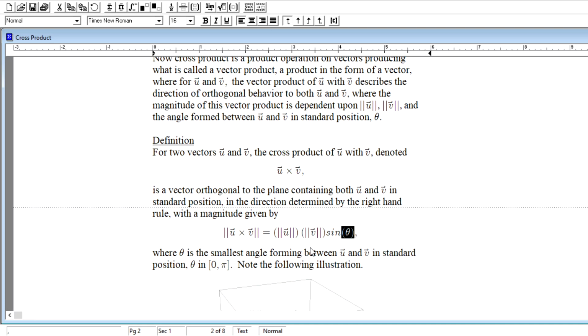Theta being some angle measurement in this interval from 0 to pi. So the cross product of u and v is a vector that's orthogonal to the plane containing u and v, whose magnitude is calculated using this product of the magnitude of u with v times the sine of theta.